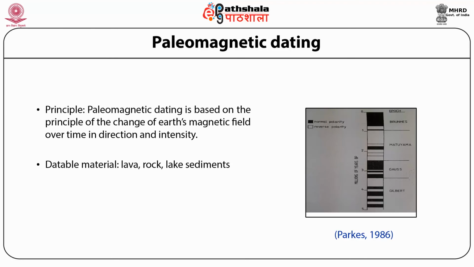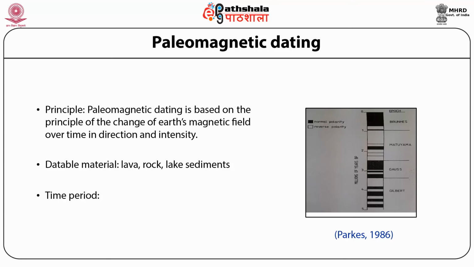These changes are recorded in lava, rocks, lake sediment, etc. Geomagnetic polarity lasts between 0.5 and 1 million years ago, reverts between 0.5 and 2.5 million years ago, and before 3.4 million years ago.